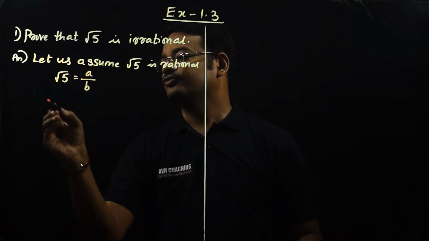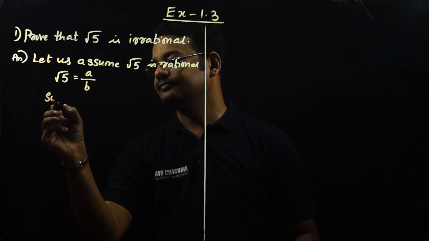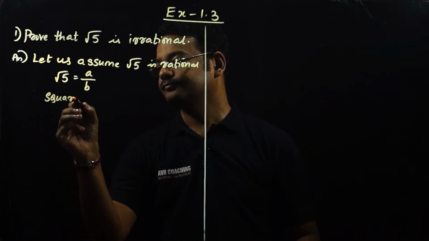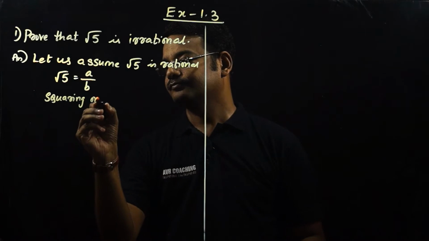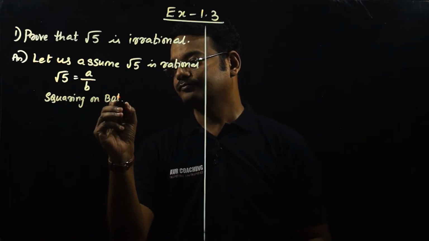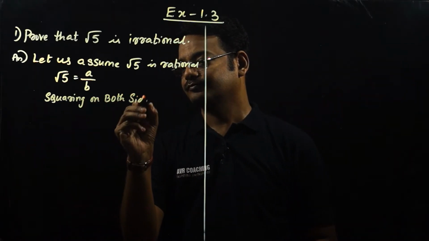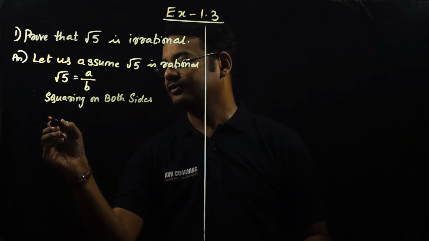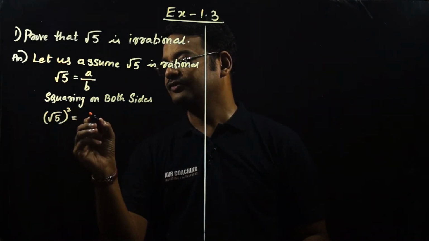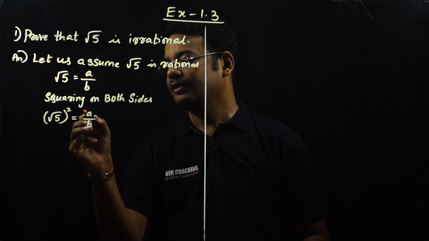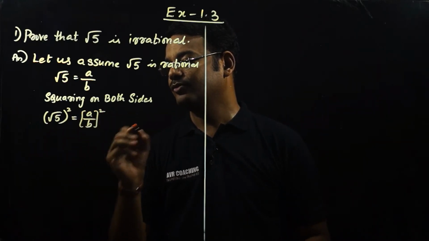Now squaring on both sides, this becomes root 5 whole square is equal to a by b whole square.